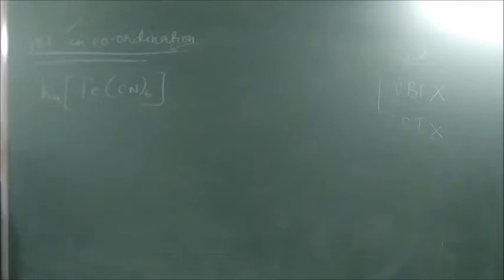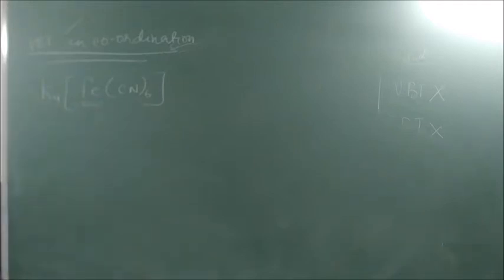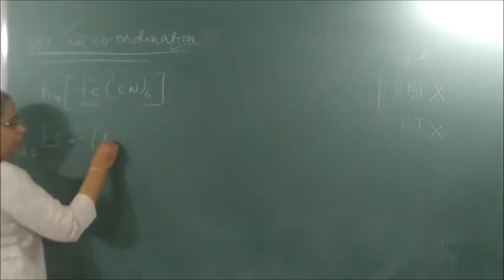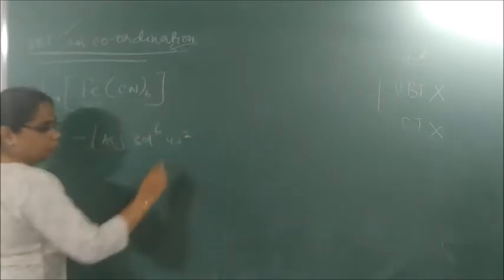Now I have to find out the hybridization in the central metal atom Fe. How do we find hybridization? We generally write its oxidation state, or we generally write its atomic number. So what is the atomic number? 26. What is its valence shell configuration? Argon 3d6 4s2.